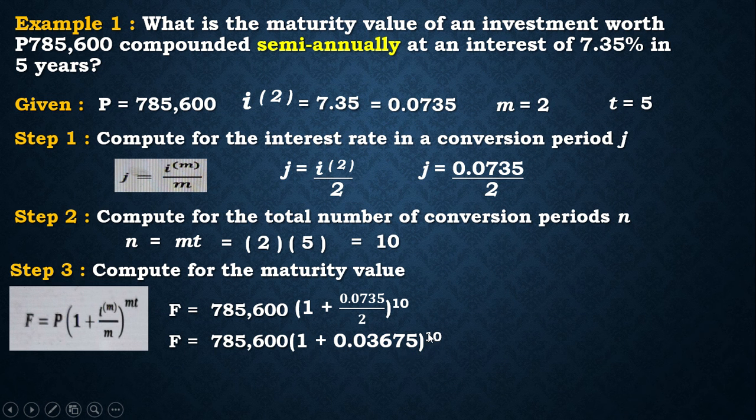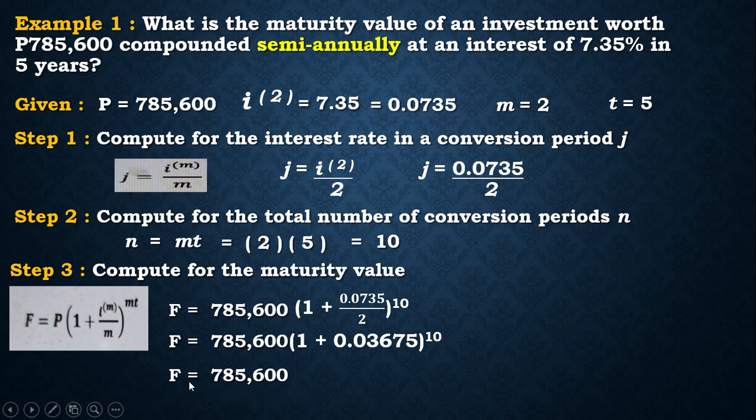Still, yung exponent natin or yung MT, ito po siya yung 10. Dahil na-divide na po natin siya at naging 0.03675, ang next step po ay i-add natin yung 1 plus 0.03675.